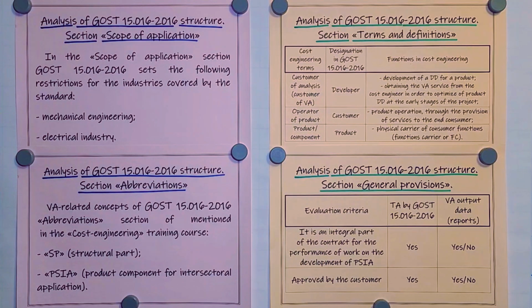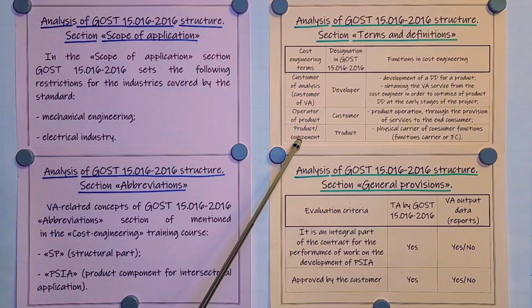The issues of assessing the degree of customer satisfaction in cost engineering will be discussed by us in video block 1 entitled Functional Model, the degree of satisfaction and performance for the function.